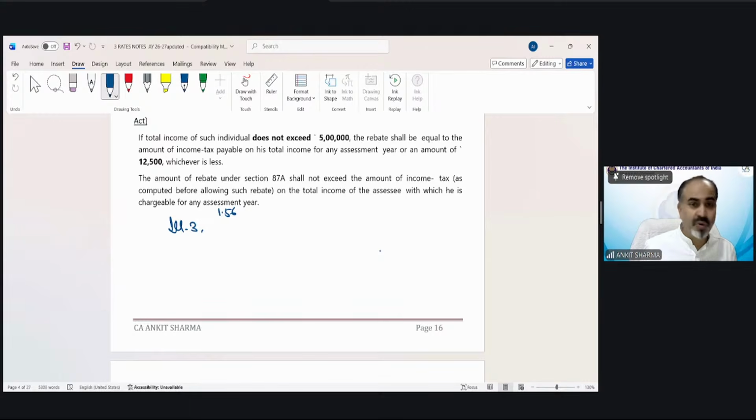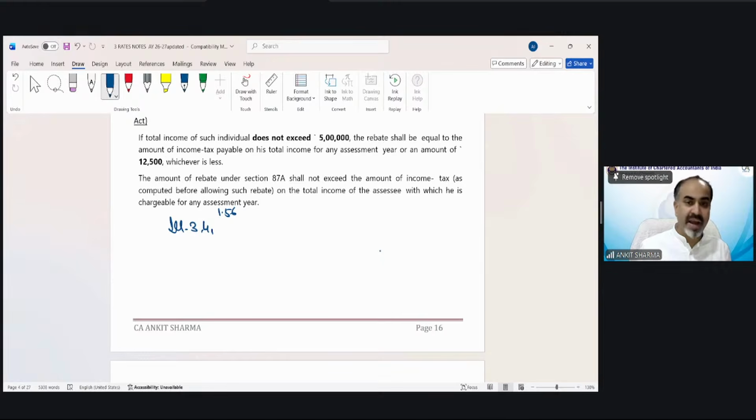Illustration number 4. That's it. Other illustrations are connected to your surcharge liability.